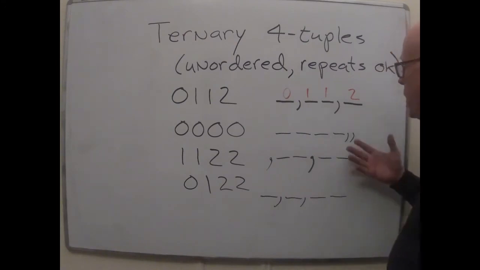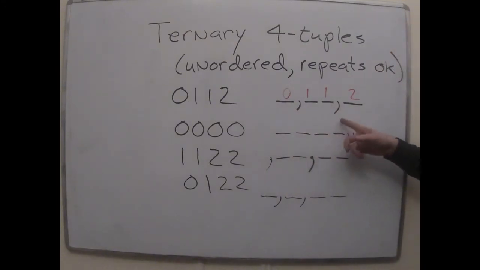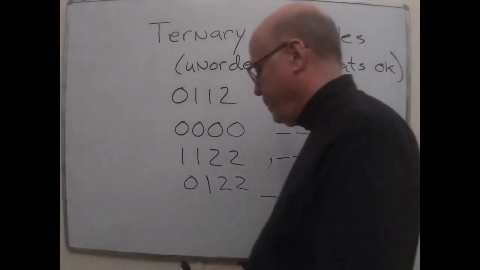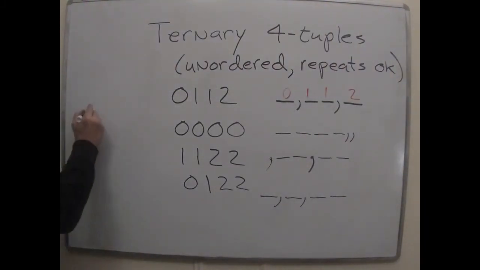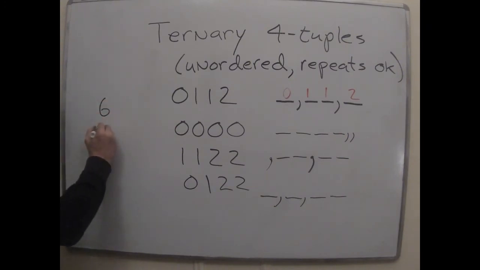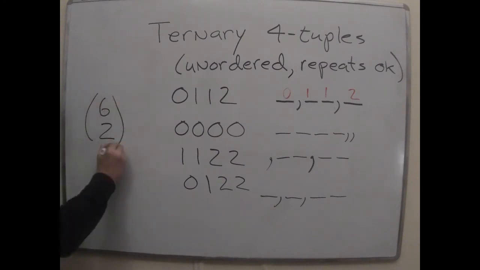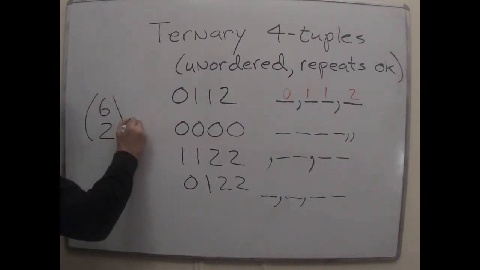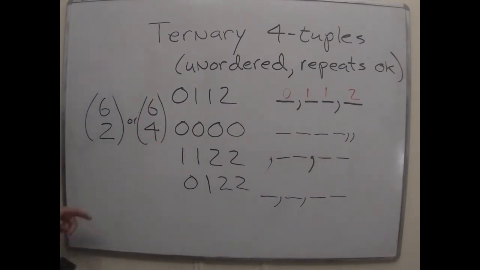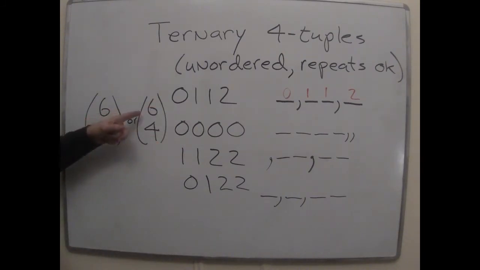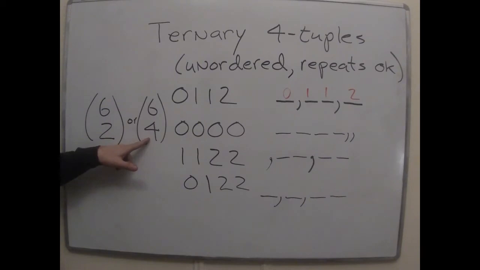Right, so how many arrangements of 4 blanks with 2 commas are there? That's not so bad. All told, there's 6 symbols. Right? And I just choose where I put, say, the commas. I could have written 6, choose 4, which would be 6 symbols, choose where to put the blanks.